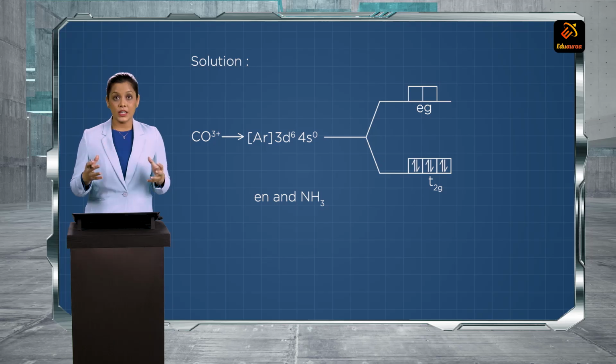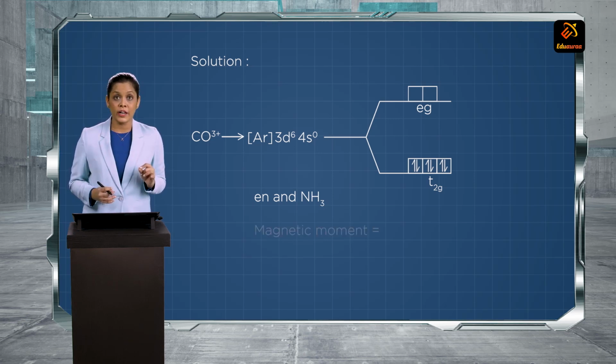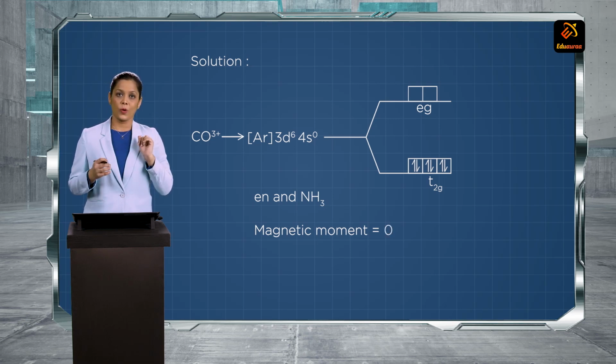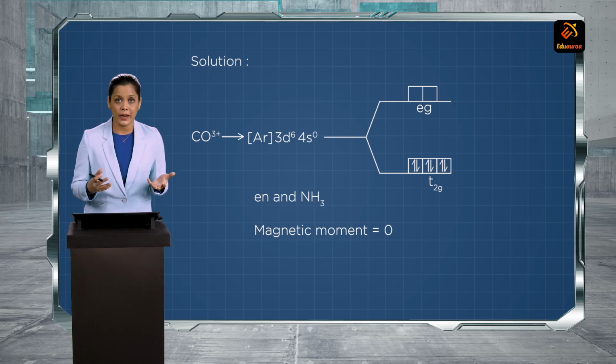Because of these strong field ligands, the 3d6 electrons get paired. As a result, no unpaired electron is left, so the magnetic moment for this complex will be 0. So, students, option C, that is FeCl4-, has a higher spin-only magnetic moment than the cobalt complex.